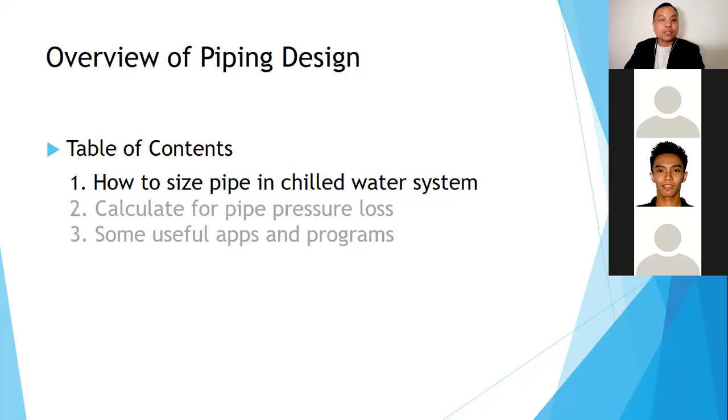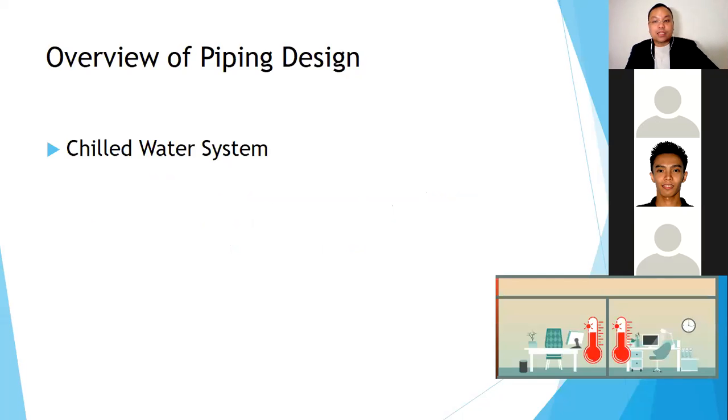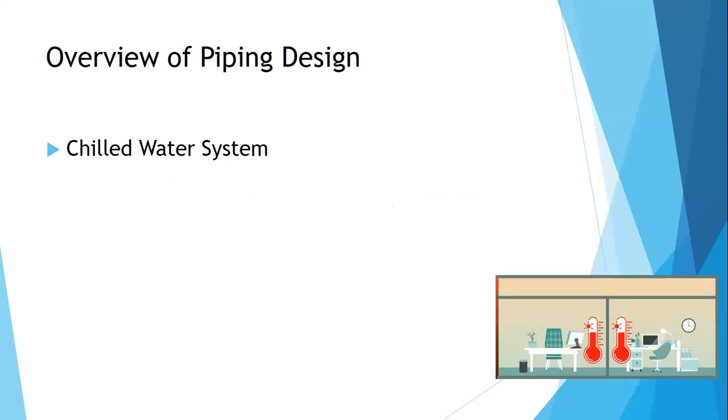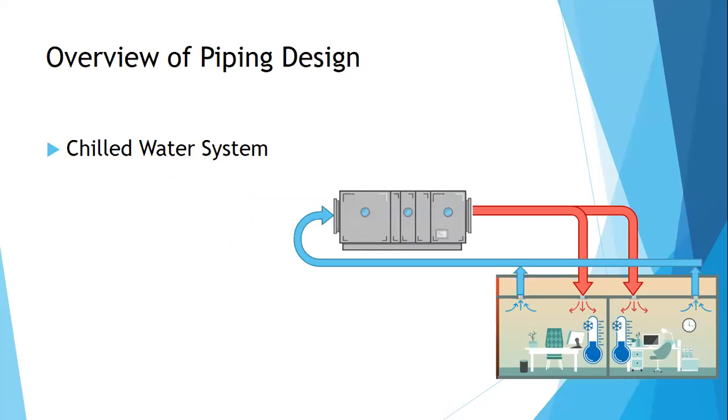All right. So first, the chilled water piping system. Let's say this is your example of a small office or a small space. You want to air condition this space. So what you're going to do is put in an air handling unit.